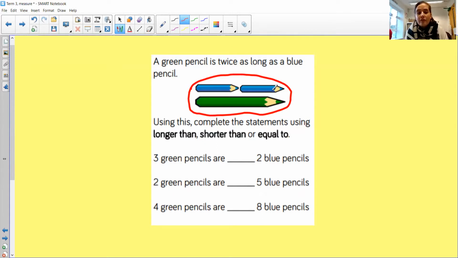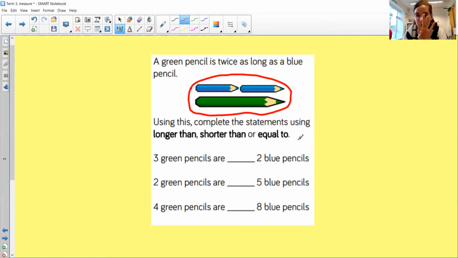If I had 5 of these, they would be much longer than 2 green pencils because it's 2 blue for every green. The last one, 4 green pencils are equal to, and we know this from our multiples because there are 2 of these for every one of those. So if I have 4 green pencils, I'm going to hold them up with my hands and I count in twos. 2, 4, 6, 8.